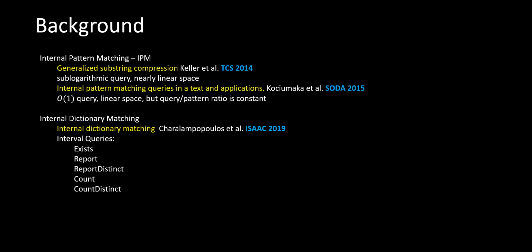And then we have internal dictionary matching, which is an extension of this problem of internal pattern matching. There were several results in internal dictionary matching in the work by Charalampopoulos et al. at ISAAC. And we improve upon those results.